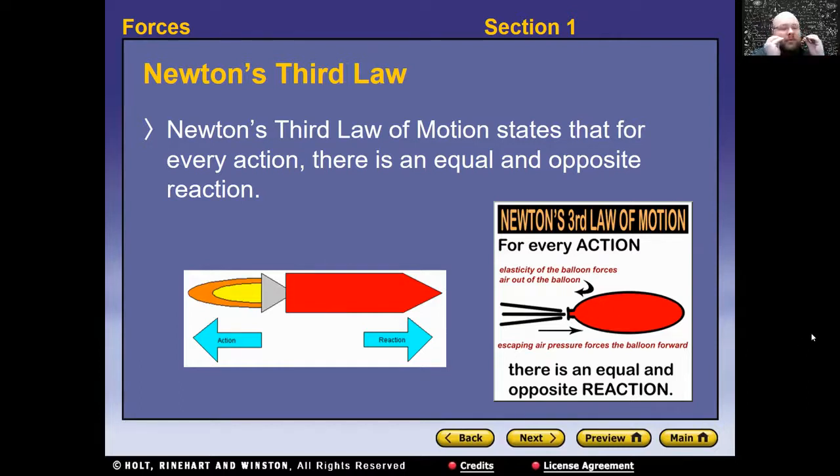If you've ever blown up a balloon completely and you don't tie it and then you let go, the balloon flies off into the room or wherever you may be, because the force of the escaping air pressure going one direction pushes the balloon in the opposite direction. So again, these are examples of an equal and opposite reaction.